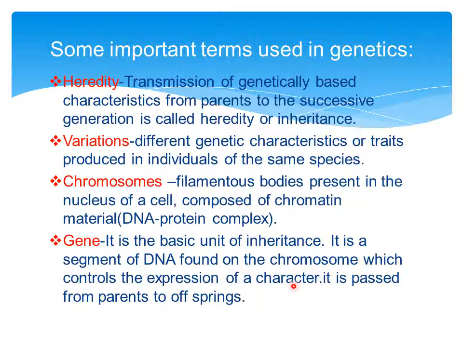So is it clear? It is a segment of DNA found on a chromosome, controlling the expression of a character, and passed on from parents to offspring. Please go through it once again so that you can get it very clear. Let us move on to the next slide.